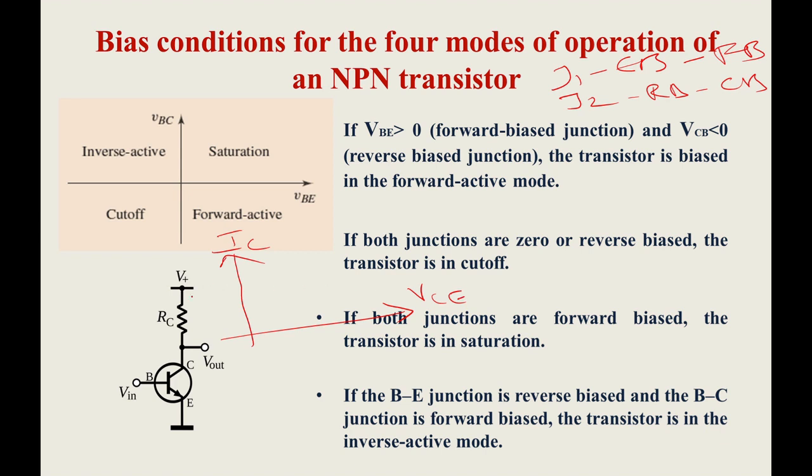IC is your output current and VCE is your output voltage. When you are studying the output characteristics, you keep different sets of input current and observe your output current against the changes of VCE. That's what you studied in the previous semester, right? The same I set here.